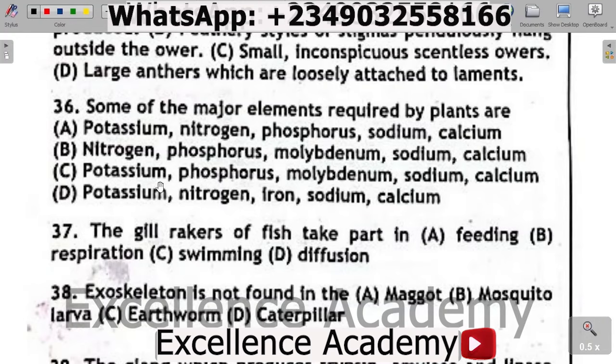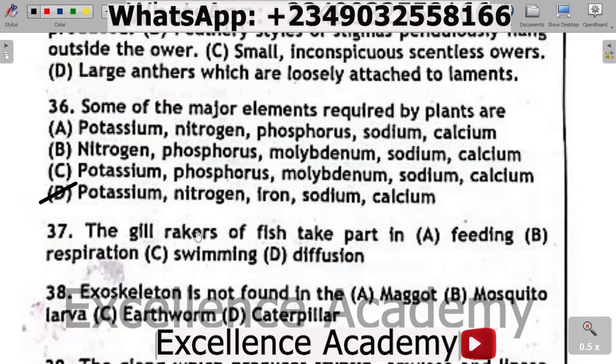D. Potassium, nitrogen, iron, sodium, calcium. The correct option is D. Question 37. The gill rakers of fish take part in A. Feeding. B. Respiration. C. Swimming. D. Diffusion. The correct option is A, feeding.